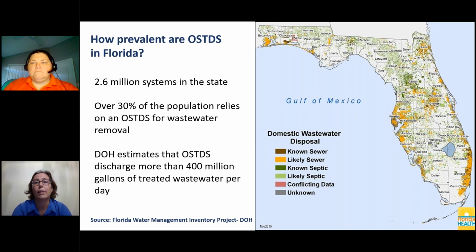If you go into this website and click on a county name, you can get a very good resolution close-up of the parcels connected to sewer or septics in each county. You'll see that we have septics throughout the entire state, and that sewer is really concentrated in our more highly populated areas, which are our coastal cities, and of course Orlando and Jacksonville.